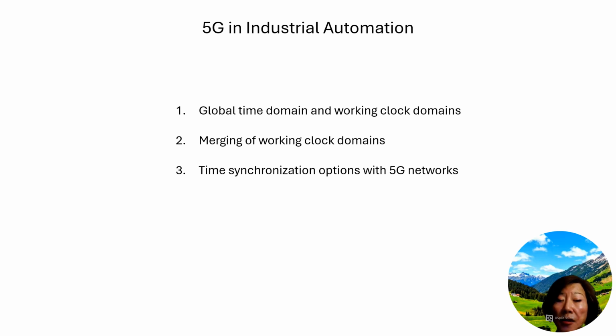For precise timing transport, 5G uses features like synchronized Ethernet, I mentioned this earlier, SyncE, in the backhaul network, and IEEE 1588 support in the radio access network, the RAN. Base stations can act as transparent clocks or boundary clocks in the IEEE 1588 hierarchy, allowing for accurate propagation of timing information.